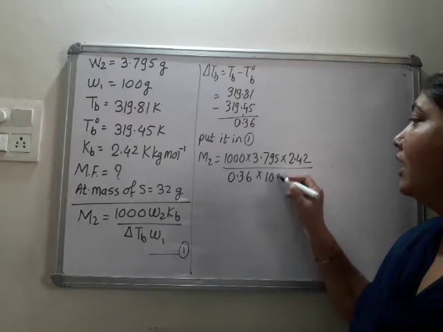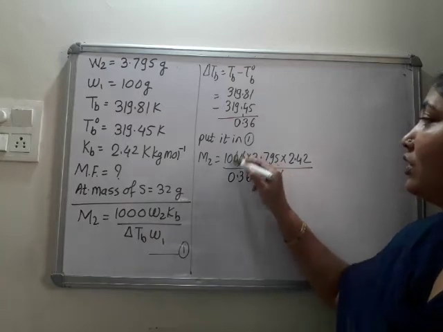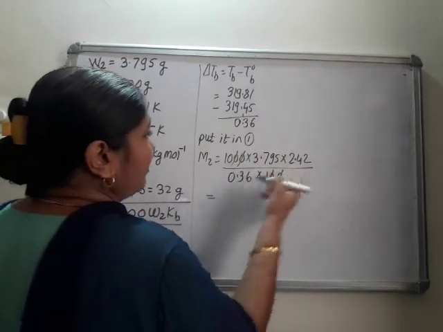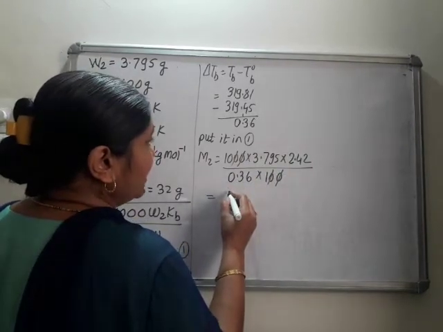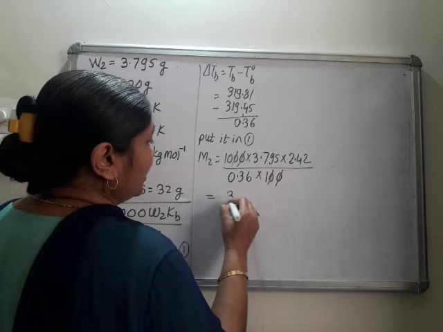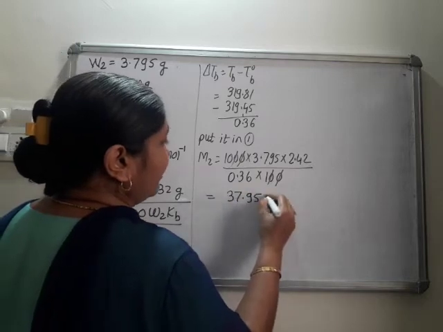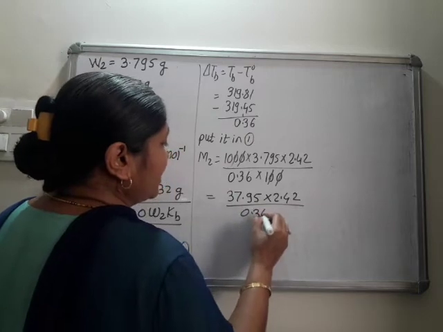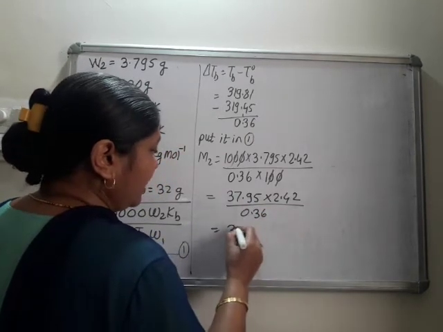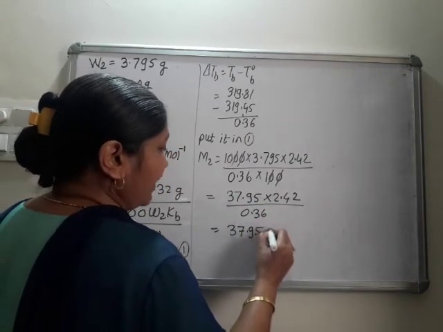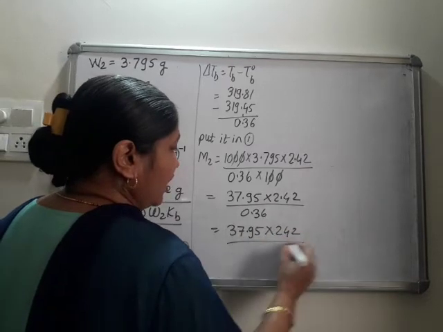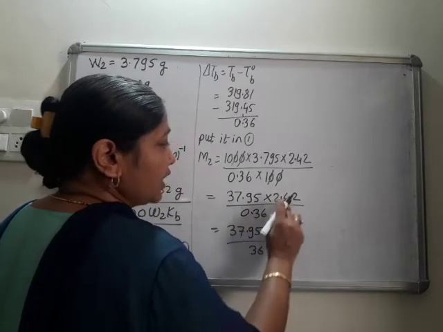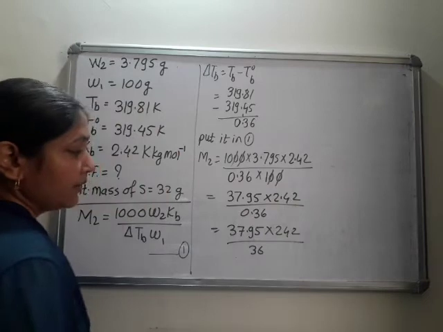W1 is 100. So these zeros get cancelled. Shift the decimal. If I multiply this, then it becomes equal to 37.95 into 2.42 upon 0.36. Again, shift decimal. 37.95 into 242 upon 36. Okay, these two decimals I cancelled.